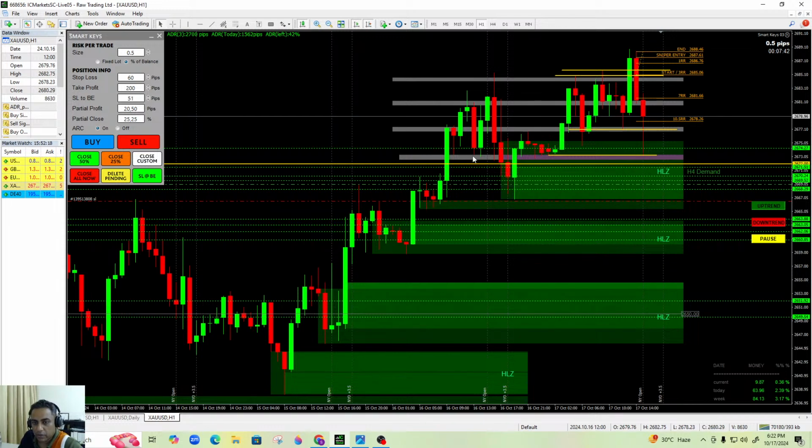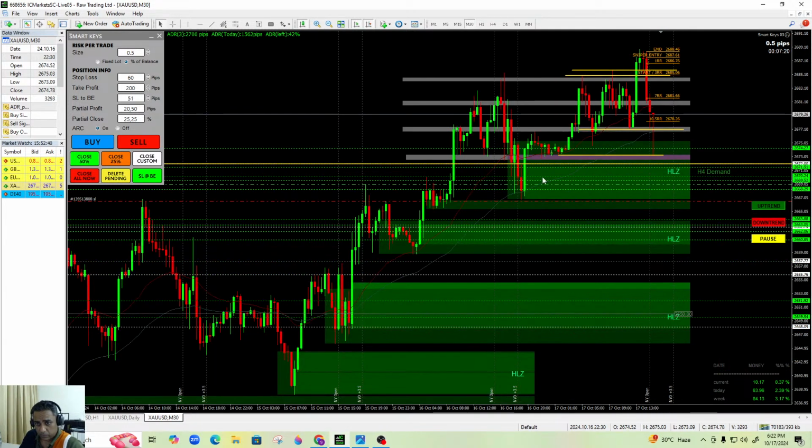You can see on the H1 the number of taps here, right? All this tapped. You can see on the H1 how price tapped here, right? Again, you can see how price tapped here. Again here, if you go down to the M30, it's the same thing.